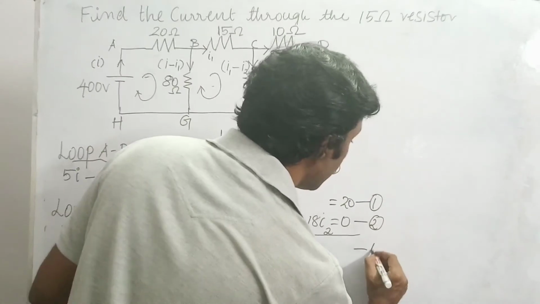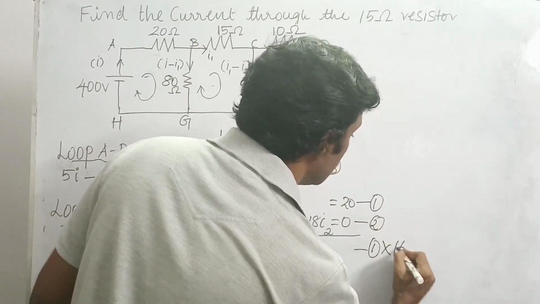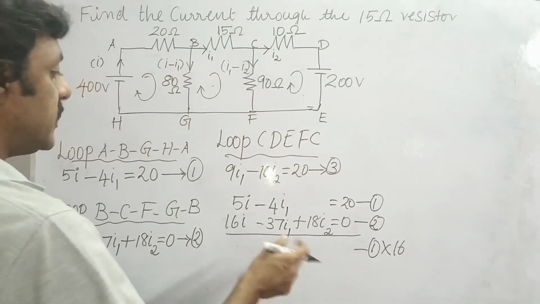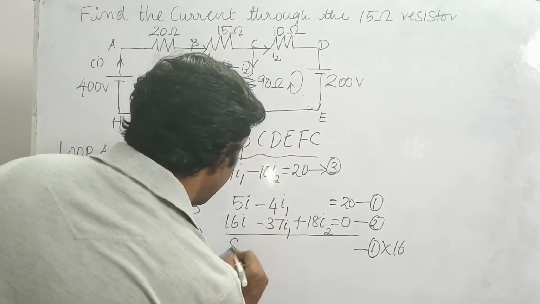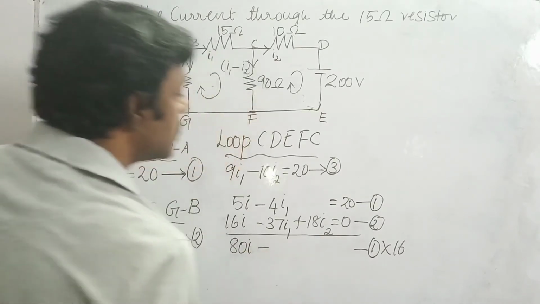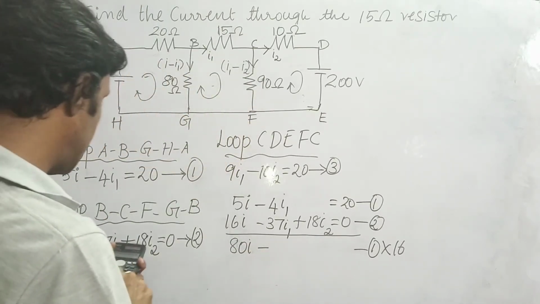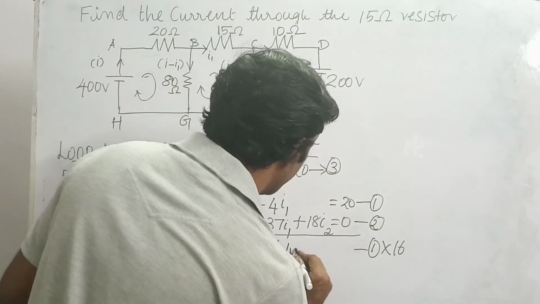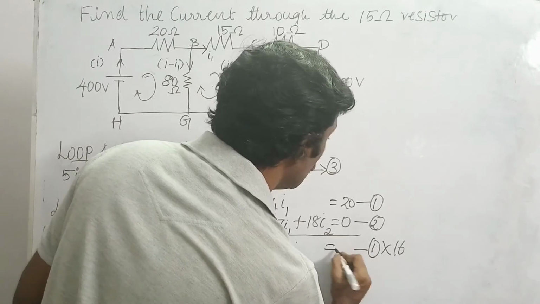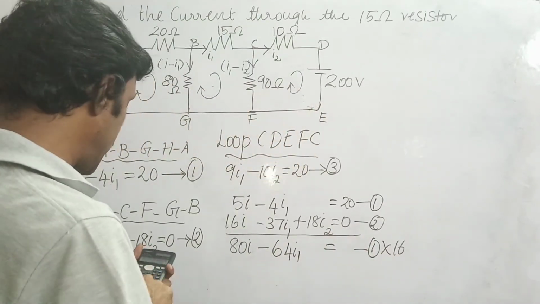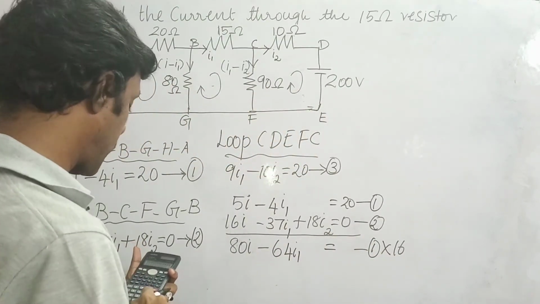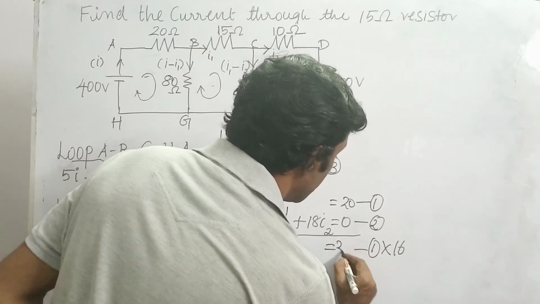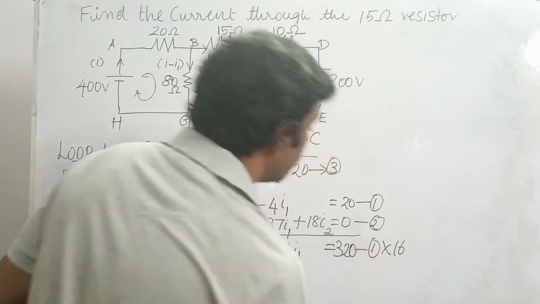Equation 1 I am multiplying with 16. 16 5s are 80I minus 16 into 4, which is 64I1, equal to 16 times 20, which will be 320.